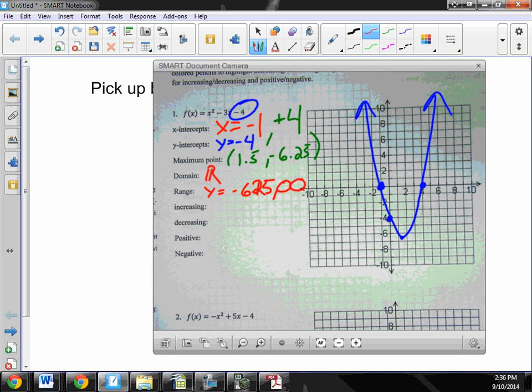Is negative 6.25 actually part of the range? Yes. So it gets a bracket. Is infinity part of the range? No, it never is. Never included. Range are the y values. So everything below negative 6.25 doesn't exist. There is no graph down there.